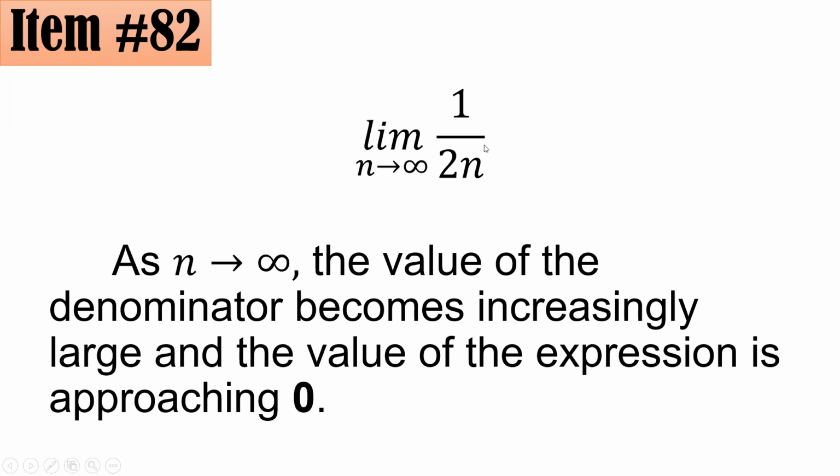And kapag yung denominator po natin ay sobrang laki, and if you divide a natural number by a very large number, you could actually see that the number that you get is small, and this value approaches 0. That's why the correct answer po is letter A.